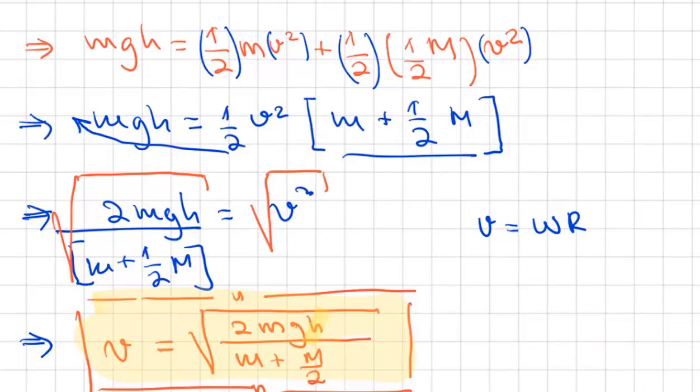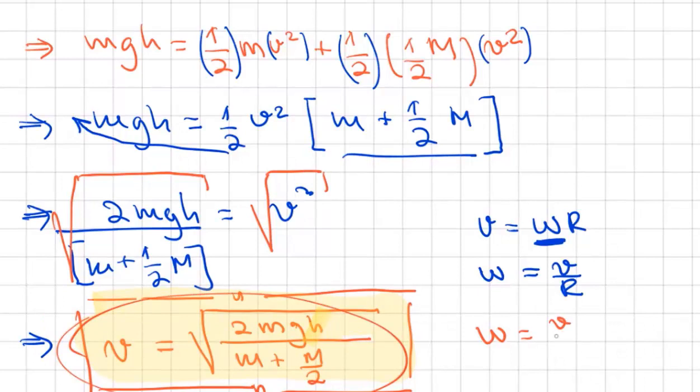So the only thing we need to do here is calculate this w, so w is going to be v dividing r. So the angular velocity of the cylinder right before the block hits the floor is going to be w equal to this velocity, the velocity of the block, dividing the radius of the cylinder.